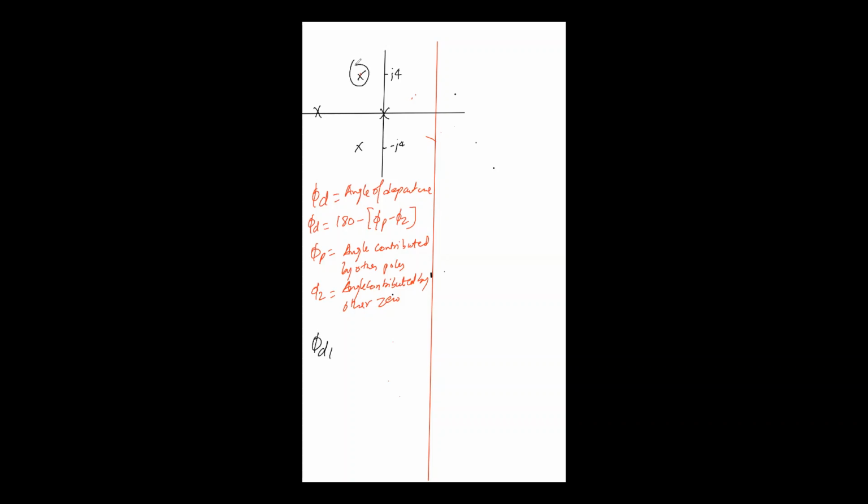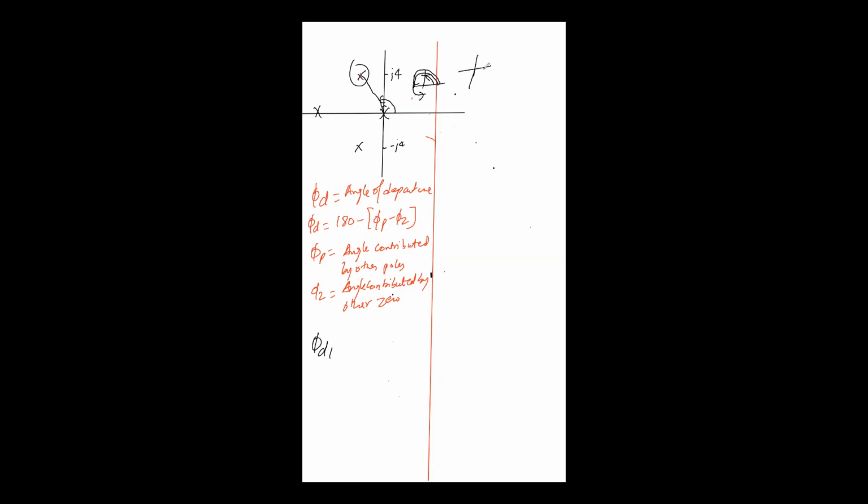Let us calculate phi d1 for this pole, right? So what does phi p mean? Phi p means the angle contributed by all the other poles. This is one pole. What is the angle contributed? We will always see the angle in this way. Angle will be calculated positively only in this way.